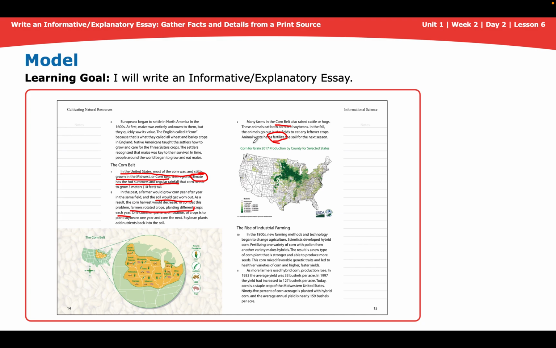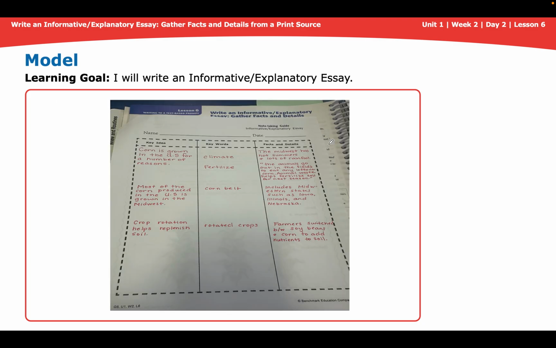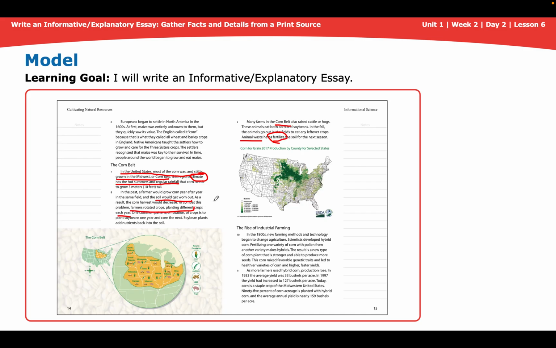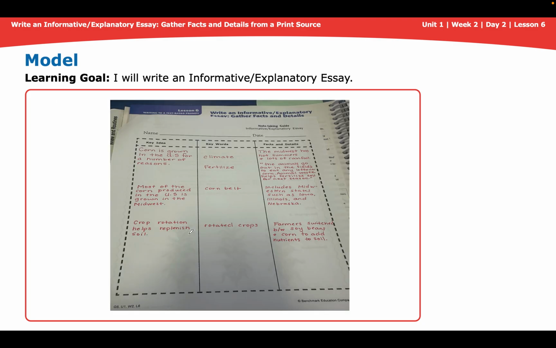And the fact that it's animal waste that is doing it. So I also wrote that here, because that's also a reason why it's grown in the United States. So the animals go out in the fields to eat leftover corn, and then the animal waste helps fertilize soil for the next season. Keyword, fertilize. So I just showed you how I underline key ideas, circle key words, and then I took notes on it.